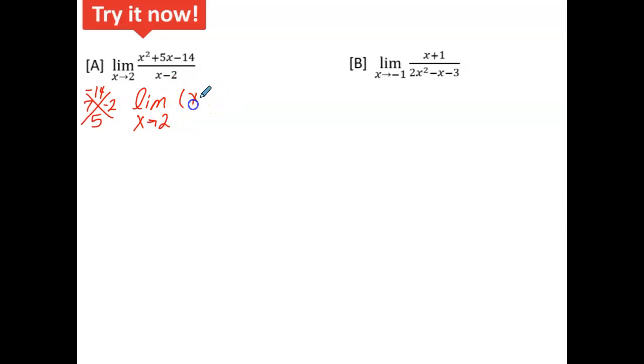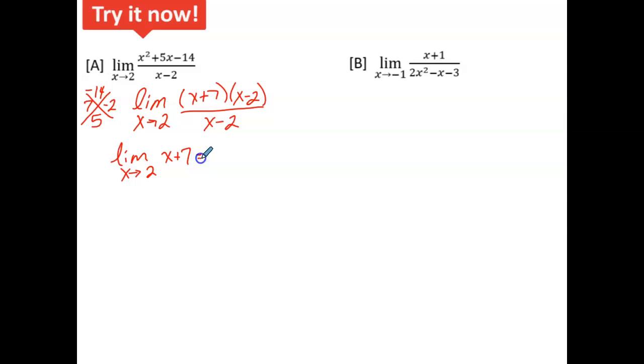And so we're evaluating the limit as x approaches 2. In the numerator, we have a factor of x plus 7, a factor of x minus 2, and in the denominator, we have a factor of x minus 2. So those x minus 2's will cancel, leaving us with the limit as x approaches 2 of the function x plus 7.